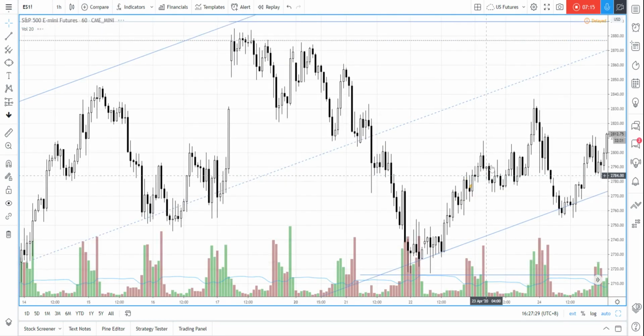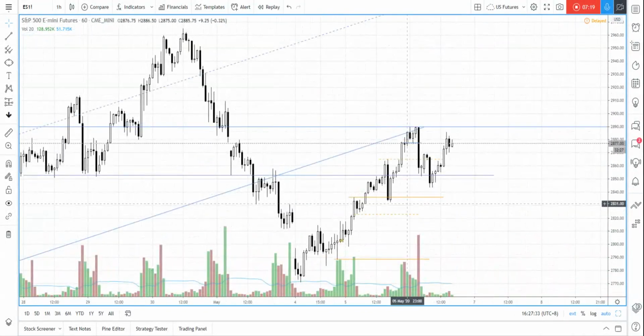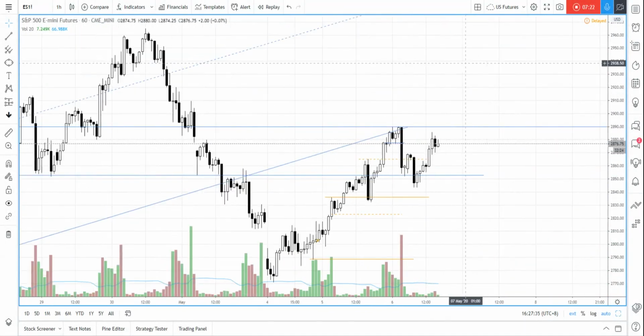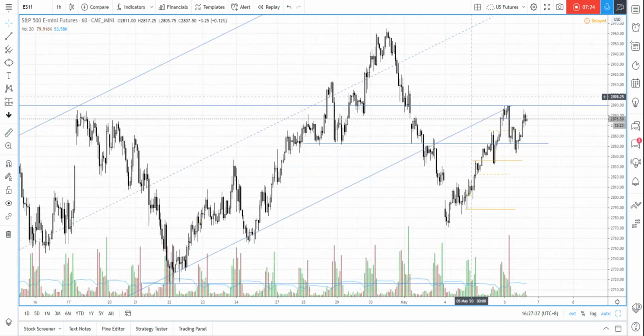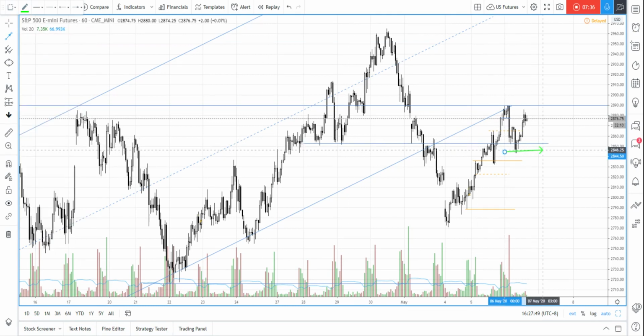Alright, back to today's. Let's have a look here. So going forward, my bias so far for day trading is still neutral, because I actually expect a range to form here. This is the range level that I'm looking for.